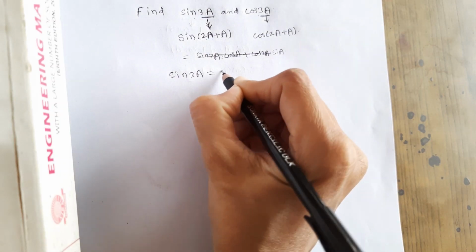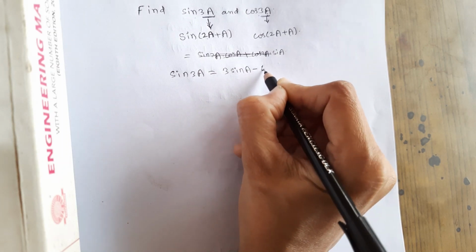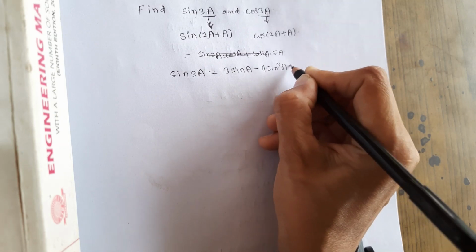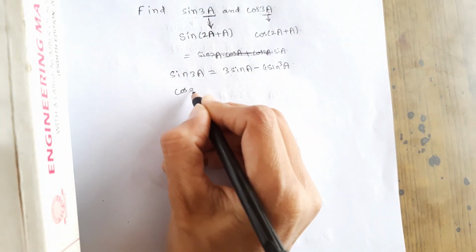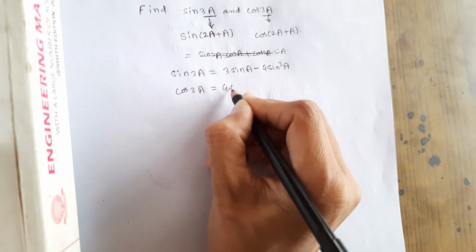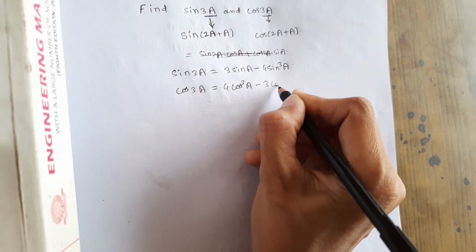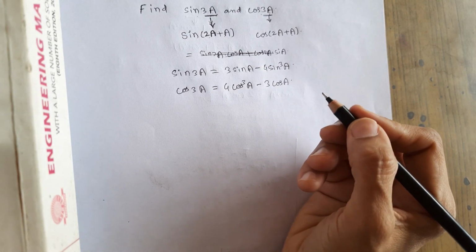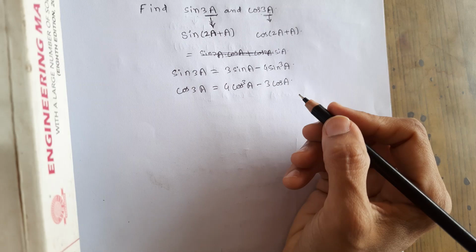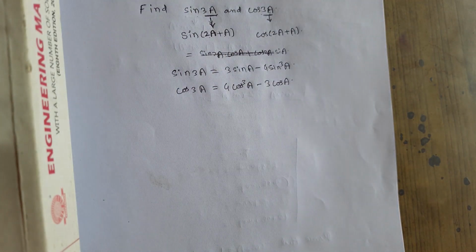Sin 3a we got 3 sin a minus 4 sin cube a, and cos 3a we got 4 cos cube a minus 3 cos a. So these formulas are called the multiple angle formulas.